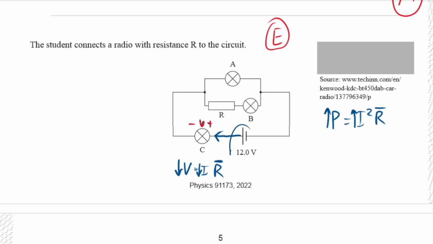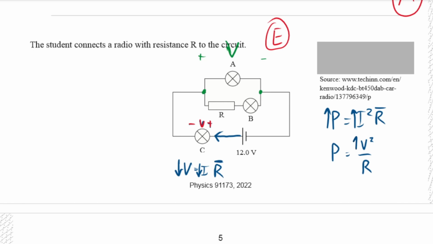However, we know the total voltage must add up to 12. So across this parallel branch, there is more voltage, a greater voltage across the parallel branch, which of course means a greater voltage across A, which is what we're interested in. And we also know that power is V squared divided by resistance.